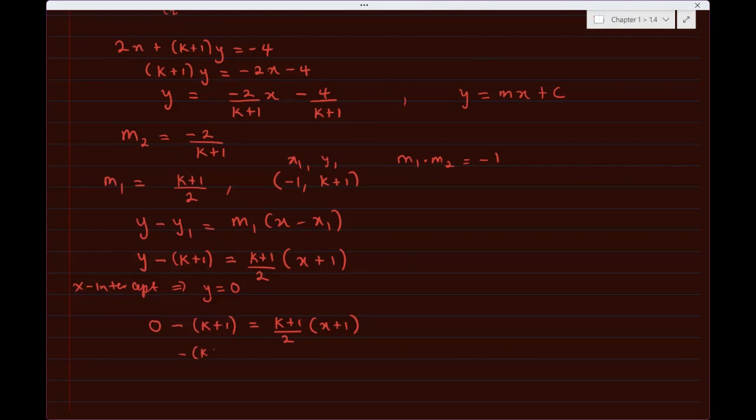So this is just -(k+1) equals (k+1)/2 times (x + 1). And we can easily find the value of x. One way is to multiply by 2 here. So you have -2(k+1) equals (k+1)(x + 1).